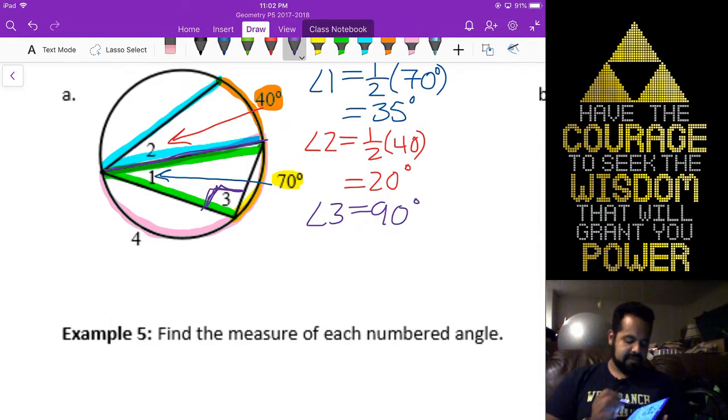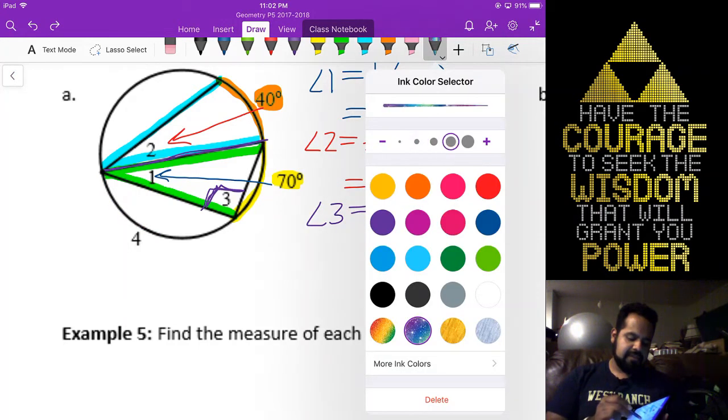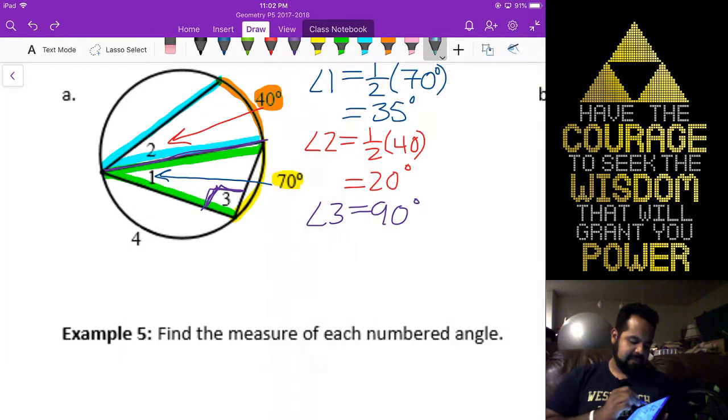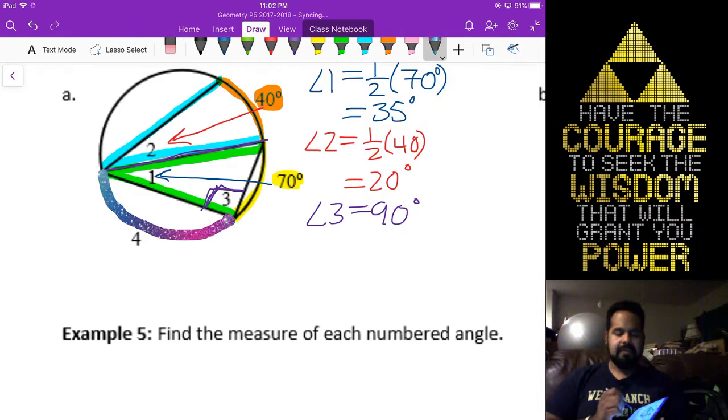Now angle 4, thankfully that pink is kind of showing up right there, but I'm going to use the Galaxy pen because I know how much you all enjoy that pen. Let's try it a little bigger. There we go. So I want to find the measure of arc 4.